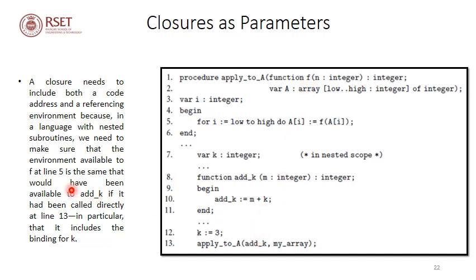So the environment available to f at line 5, at this particular line, should be the same as that would have been available to add k if it had been called directly at line 13. In particular, it includes the binding for k. So since it is a closure, it will still store the bindings of k, the environment values within it.